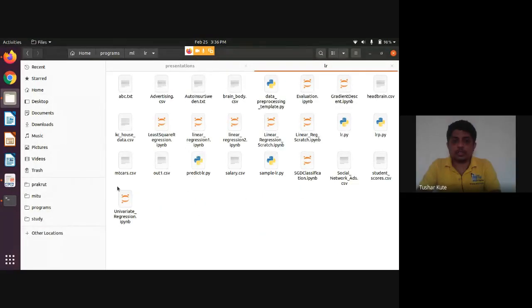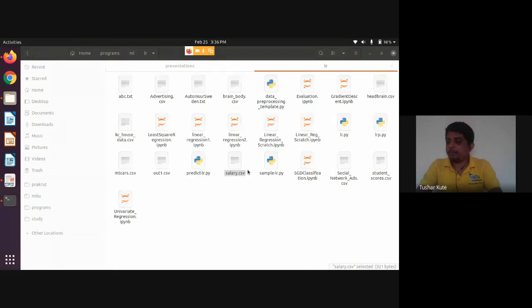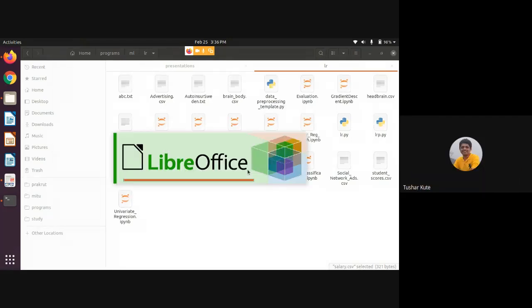Now see, let's say I'm having a data set something like this. Salary data set I'm having, where the experience of the person, the employee, and its respective salary is given in it.